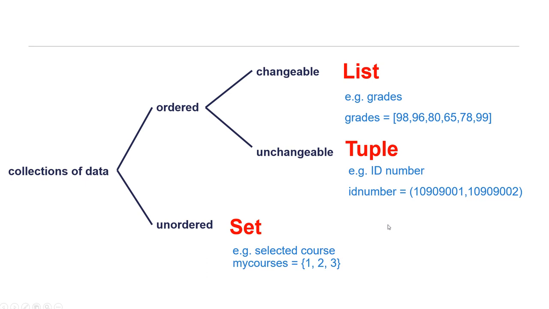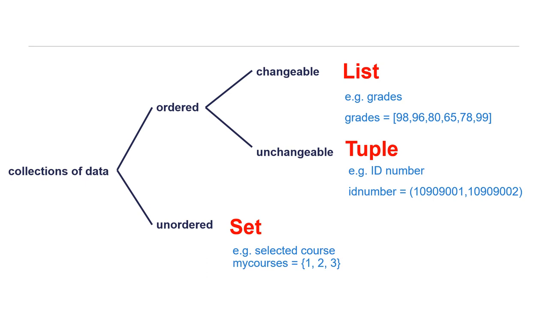But if you think all the numbers do not need to change, you will use a tuple. Just like our ID number will not be changed. Your ID number and my ID number will not be changed, and also our student ID number will not be changed. So in these cases we can use a tuple to record it.